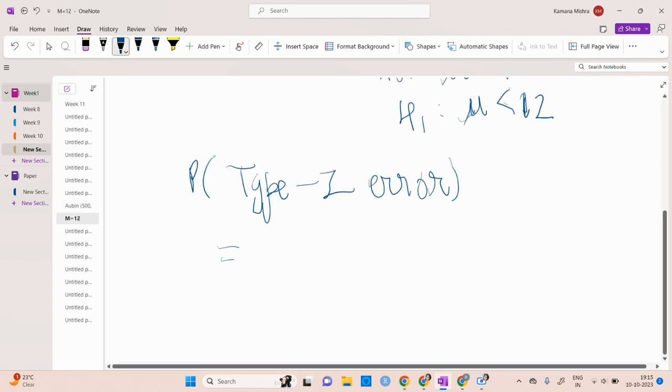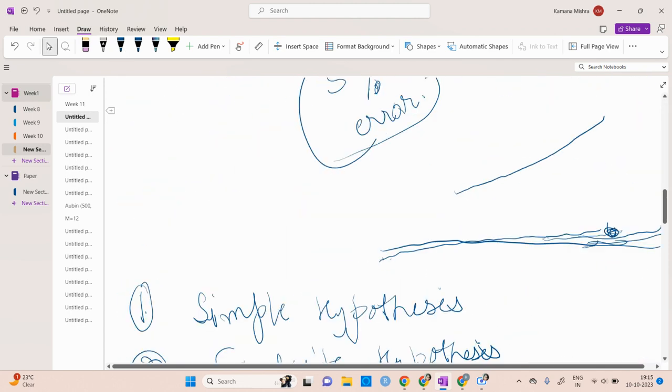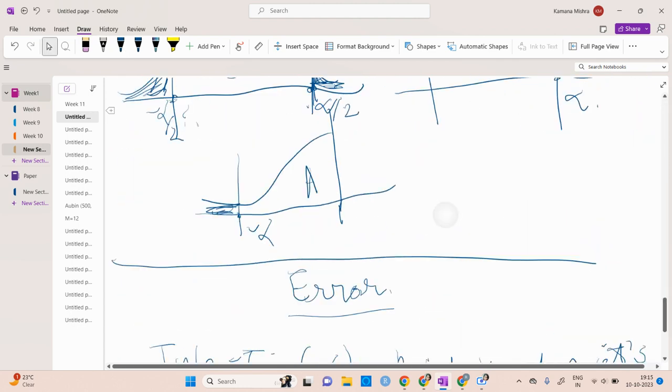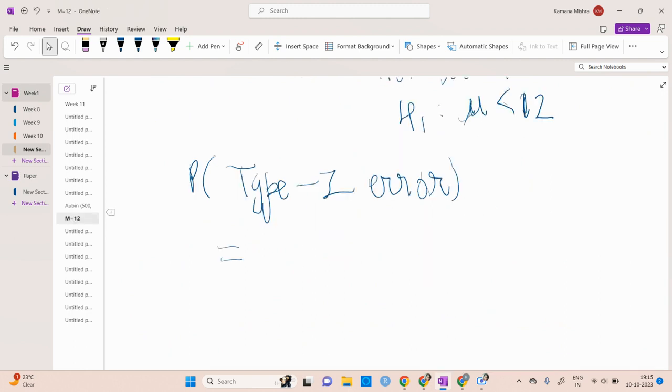Type 1 error, I have told you here. Type 1 error is what? When we reject the null hypothesis even when it is true. So it is the probability of rejecting H0 when H0 is true.